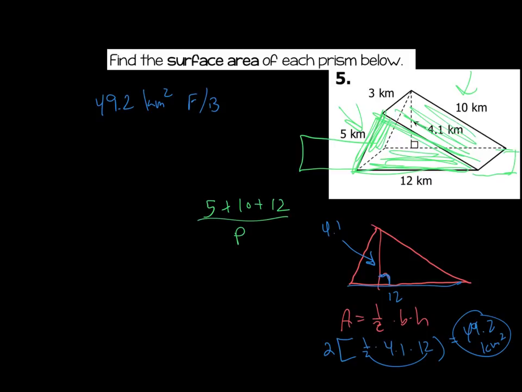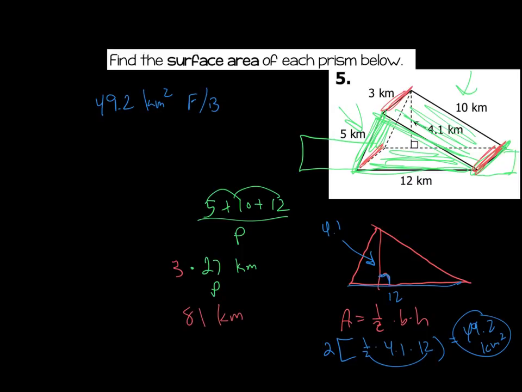So that's going to give us 5 plus 10 is 15, plus another 12 is 27 kilometers is the full perimeter. If you multiply that times the height, technically this distance that's going back and forth like this, that would be the same as up here. That's 3 kilometers. And 27 times 3 would give us 81 kilometers.